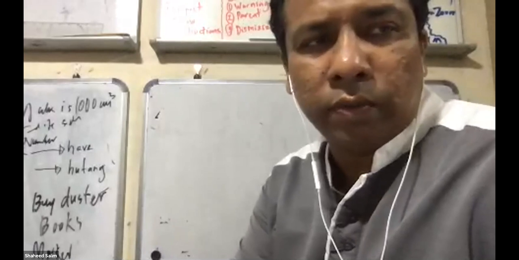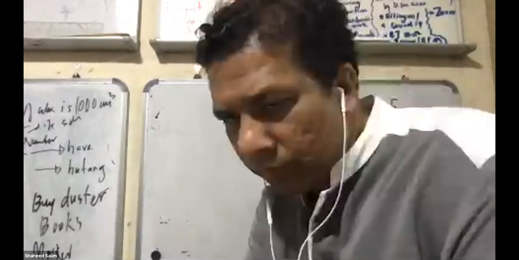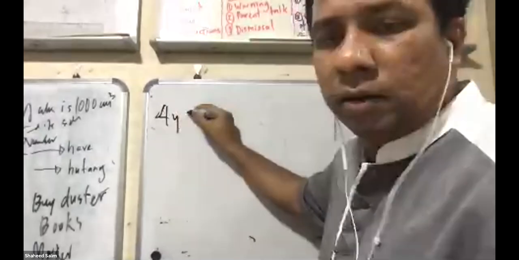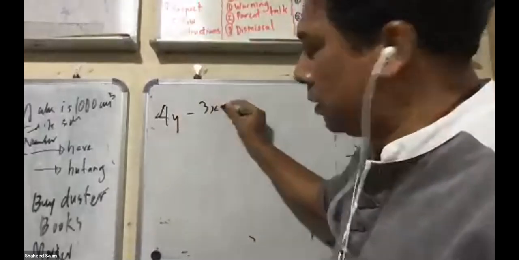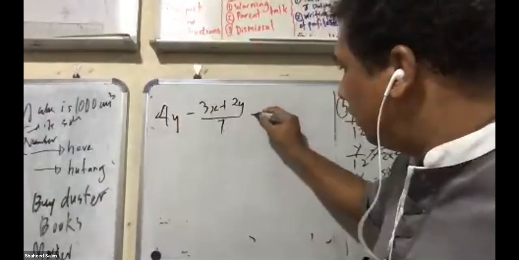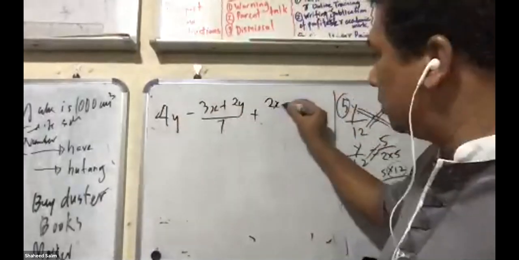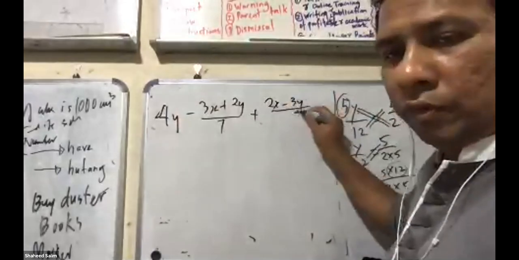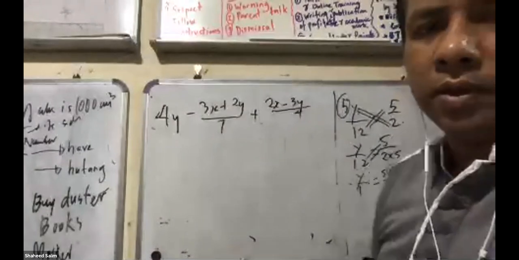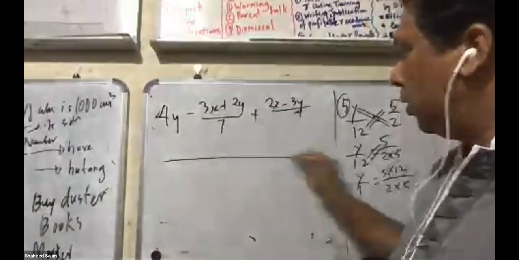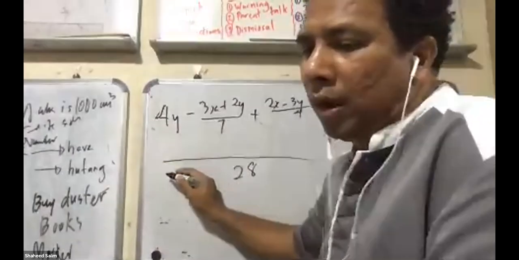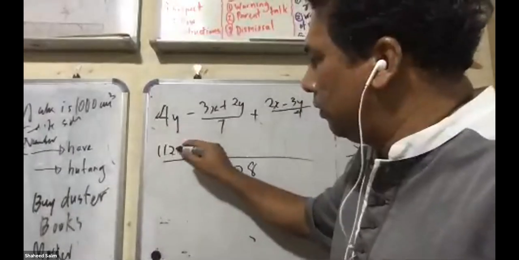Hold on. Let me see. So this is the question, right? 4y minus 3x plus 2y over 7, plus 2x minus 3y over 4. Correct? That's the question. So now down here, we put it over 28. This times 28, you get 112, correct? If I'm wrong, tell me.